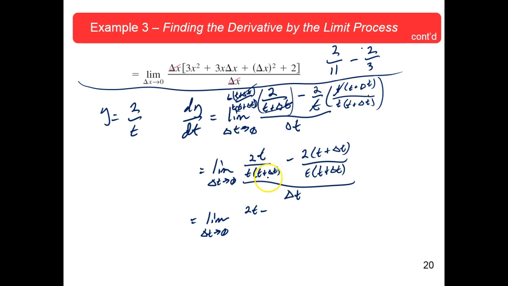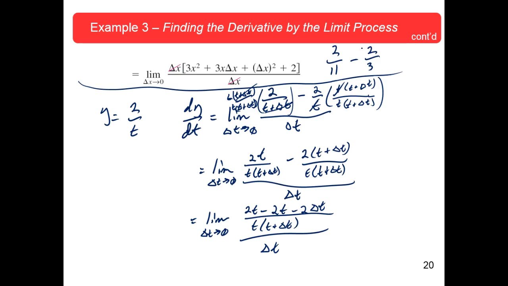We got common denominator, so it'd be 2t minus 2t minus 2 delta t. Would you buy that? Over t times t plus delta t over delta t. Buy that one?